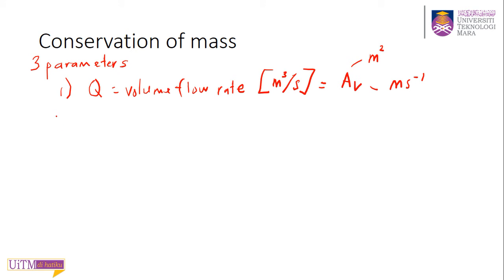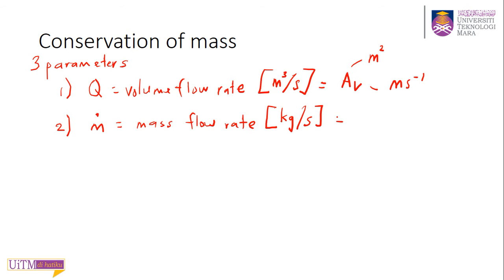The second one is m dot, the mass flow rate. Mass is in kg, so the unit is kg, and the rate, similarly, must be over time, per second.